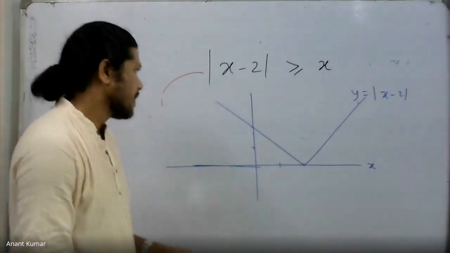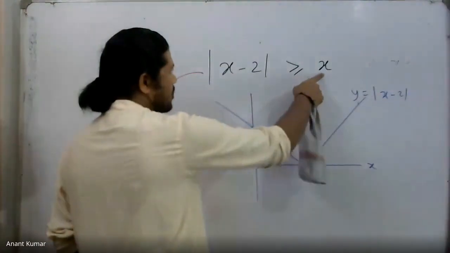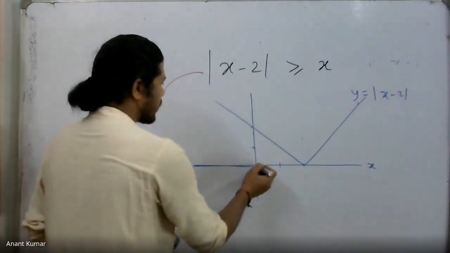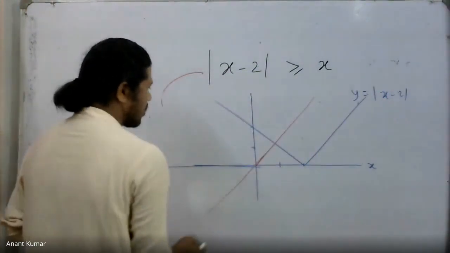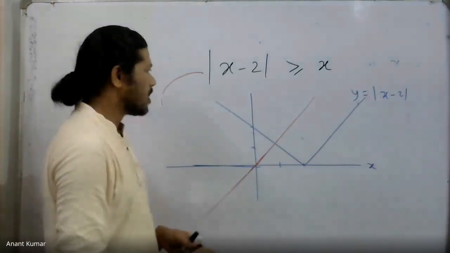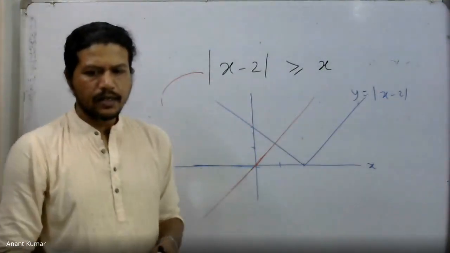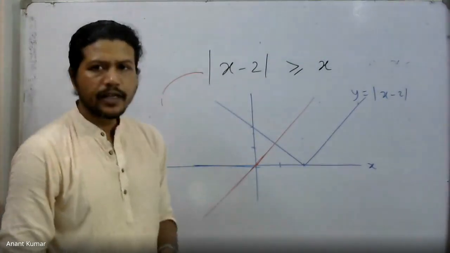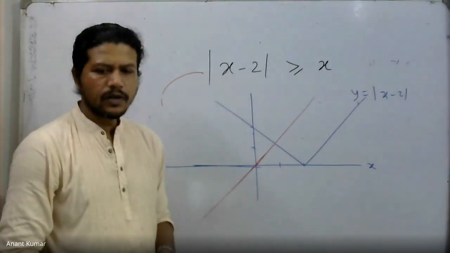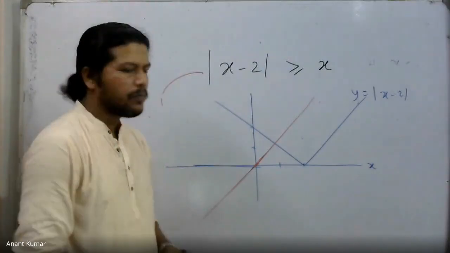In this case, the right side graph is y equal to x. So y equal to x is a straight line through the origin like this. Now I need to figure out where the left hand side is more than or equal to the right hand side.